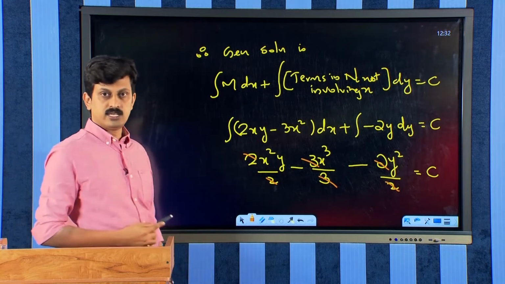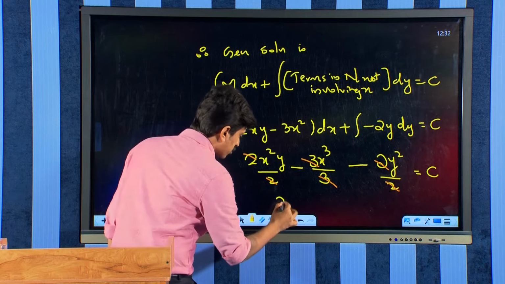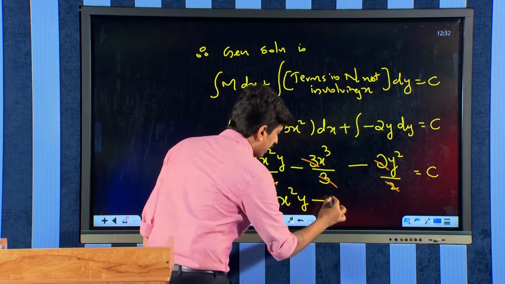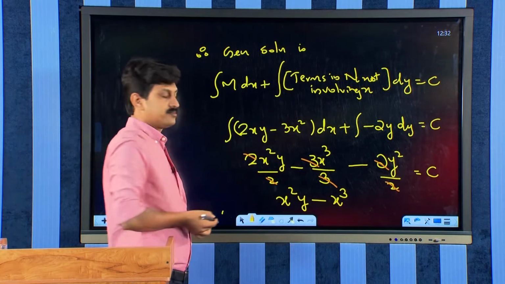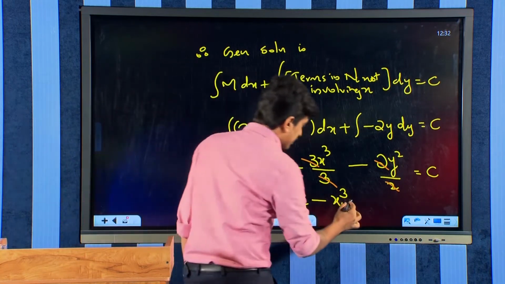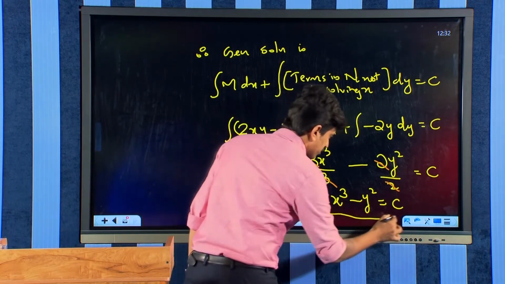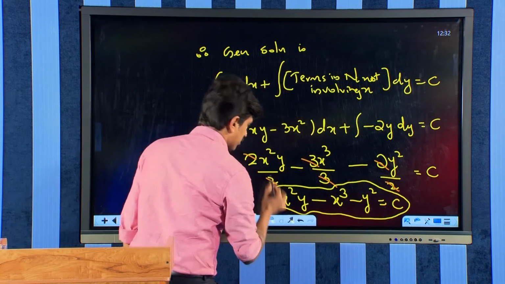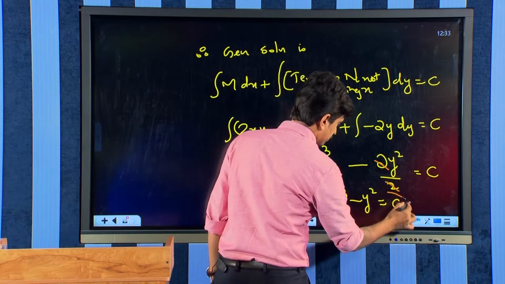So finally we have x^2 y - x^3 - y^2 is equal to c, which is the general solution.